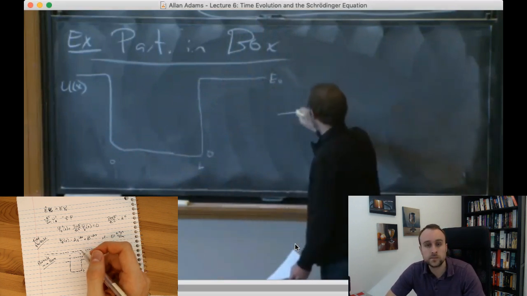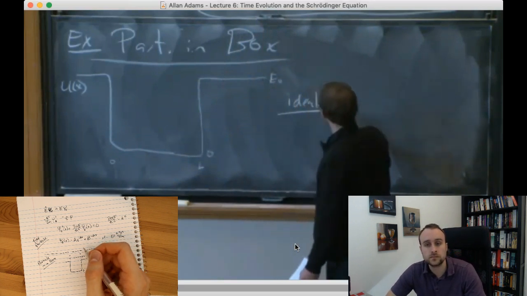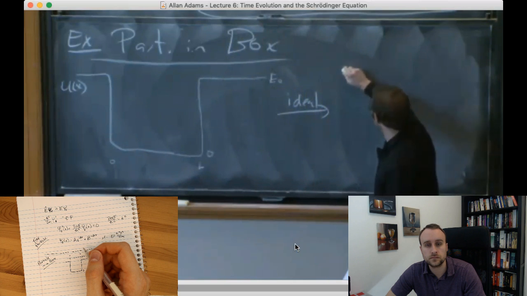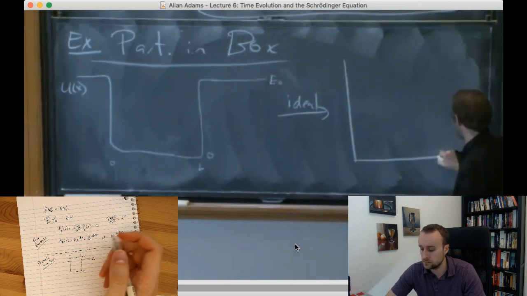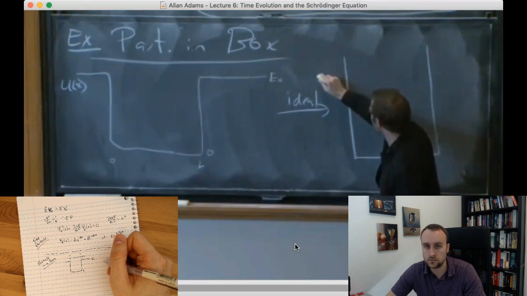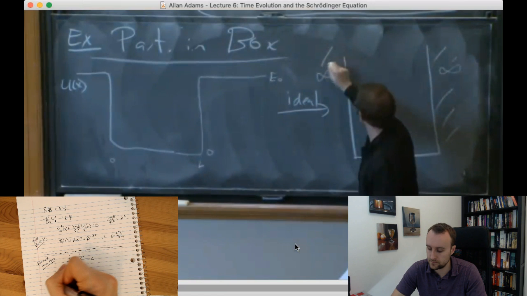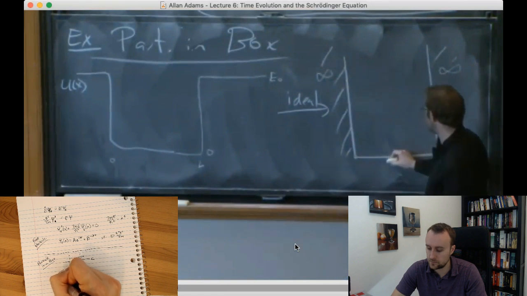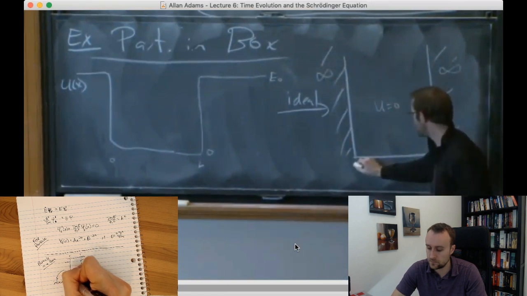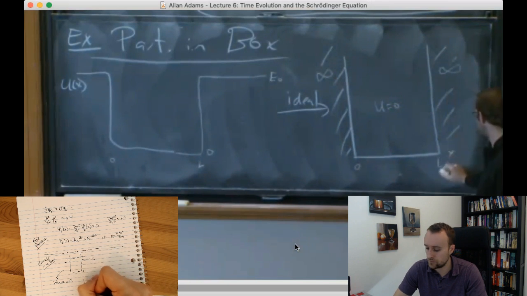So my idealization is that the well is infinitely high and square. Out here, the potential is infinite, and in here, U equals 0, between 0 and L for x.